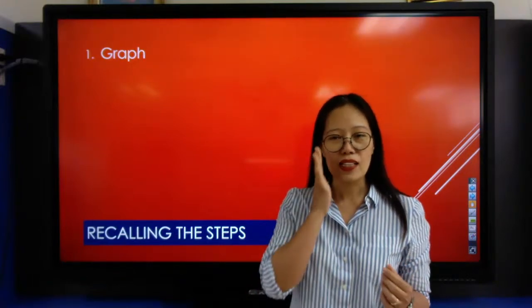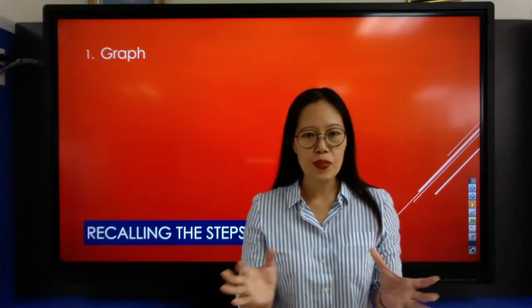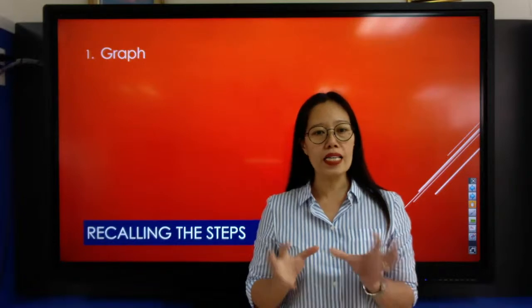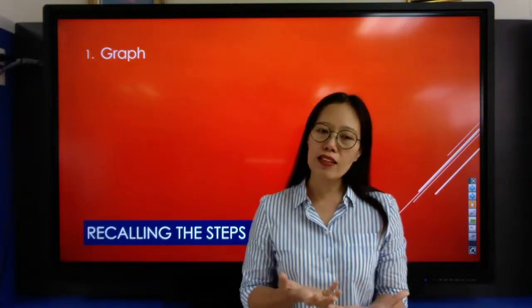Okay? So if our graph is linear, of course, we have only one linear function. We have y = mx + b. And if it is nonlinear, there are two types of nonlinear: either a parabolic function or an exponential function.